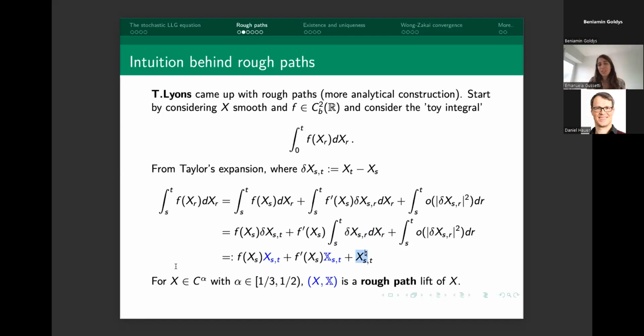Still, I'm a little bit cheating, because the attentive observers will tell me: you take a path in C alpha, alpha-Hölder continuous, like Brownian motion, and you have still not defined this. Yes. If we have a smooth path, then the object is well defined, but if we have Brownian motion, this is the objective of our discussion. I have still not defined this.